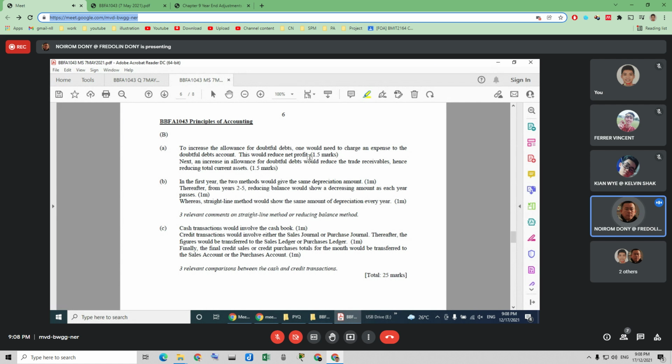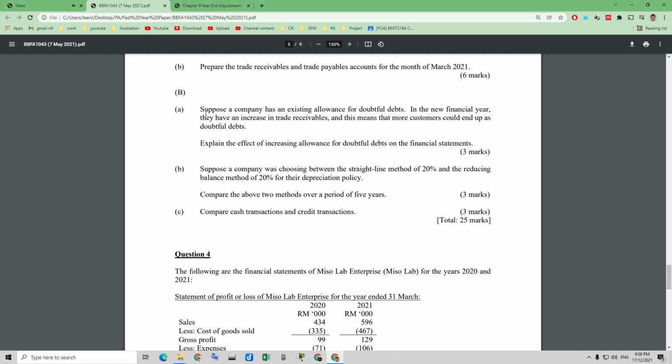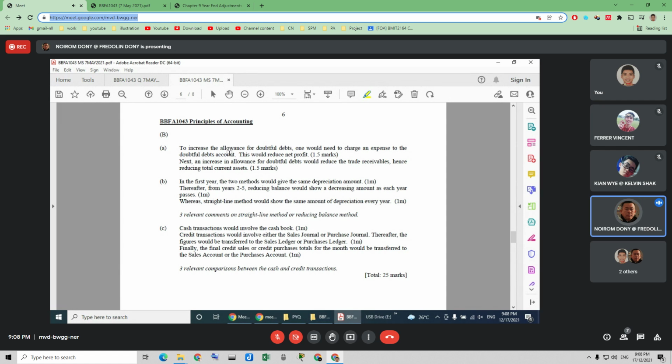So that's why the net profit will be reduced. So you are being told the possibility of this question: suppose the company has an existing allowance, explain the effect of increasing the allowance. So you also need to explain what happens if we have a decrease.